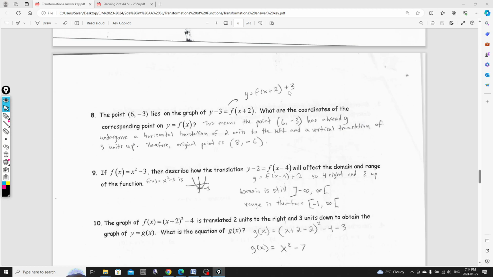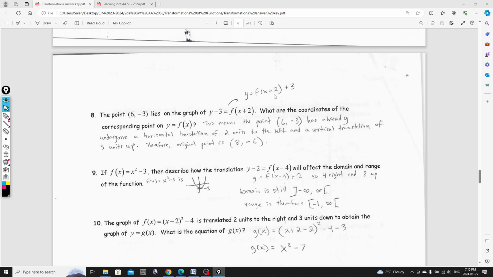But that means I have to do that shift backwards if I want to get back to what the original point was. Because what's happening is I start with a point here, I apply this transformation, and I get this image. So if I want to go backwards, I have to do the opposite transformations to get back to this guy right here.